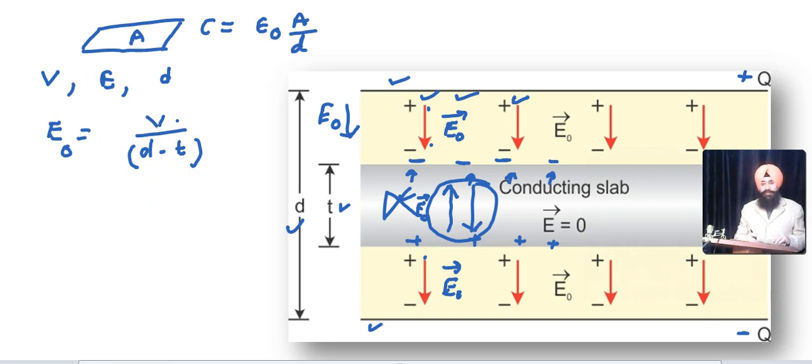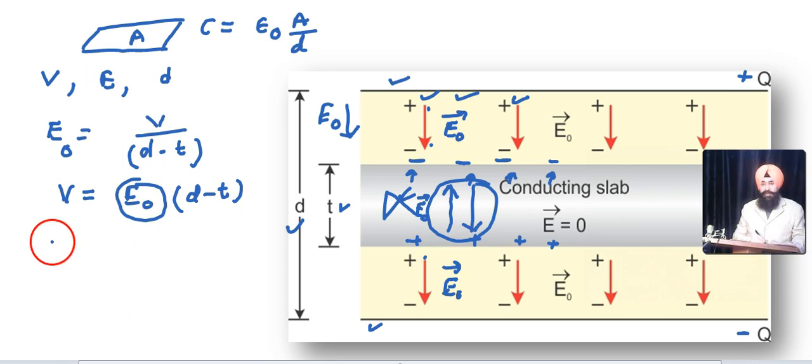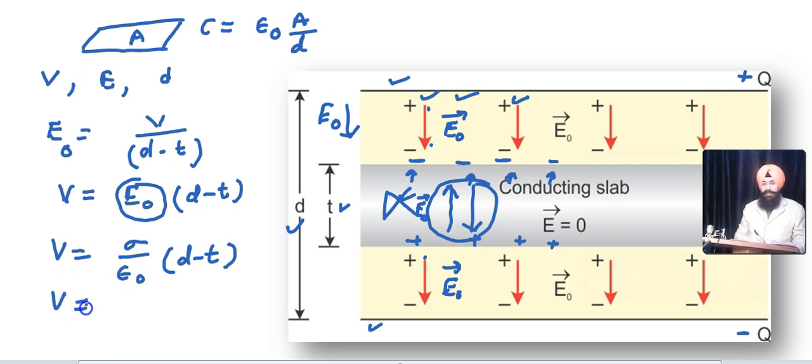So the potential becomes E naught into (d minus t). Now what is E naught? By Gauss theorem, it is sigma upon epsilon naught. What is sigma? Surface charge density, which is Q by A. So V equals Q by A epsilon naught times (d minus t). This is the value of the potential.